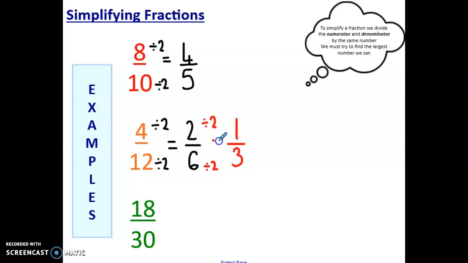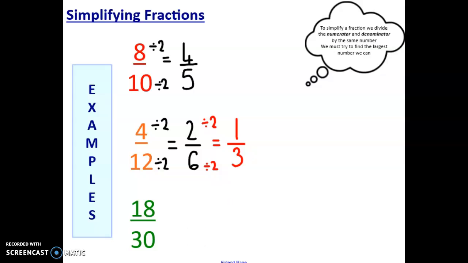So I now have a more simplified fraction of 4 over 12. I divided by 2 to get 2 over 6, but then I could divide by 2 again to get 1 over 3. So 1 over 3 is in its simplest form. 2 over 6 is not the final answer and will not get you the mark.